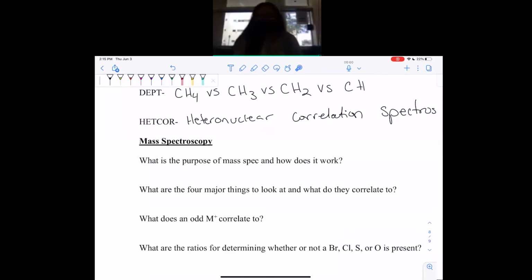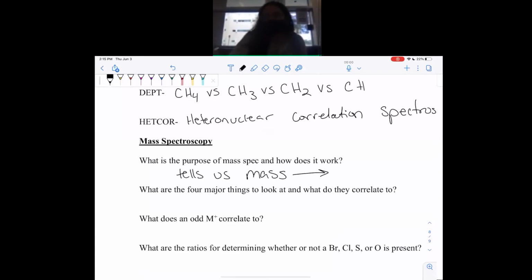All right. So, the purpose of mass spec is to tell us the mass, and from the mass, we can then figure out the molecular formula.